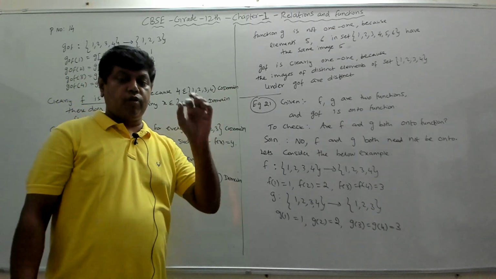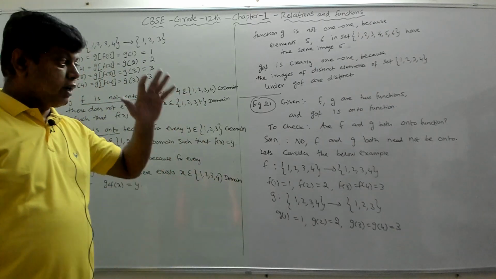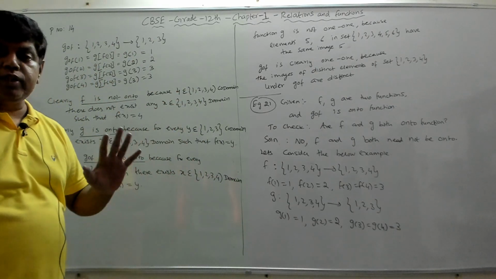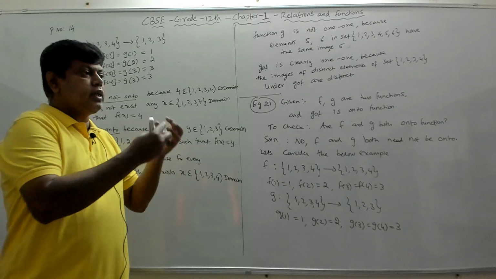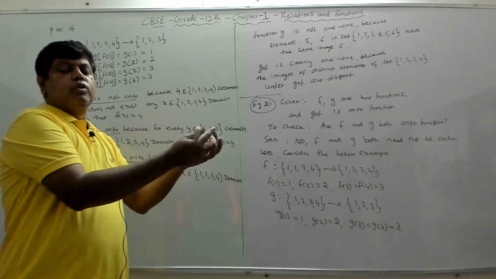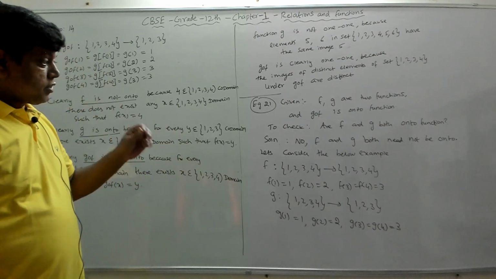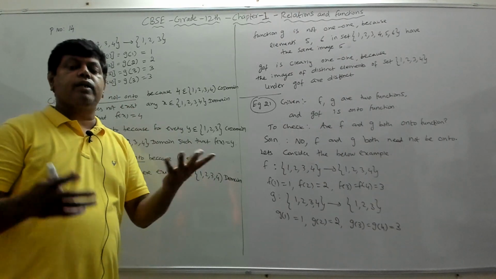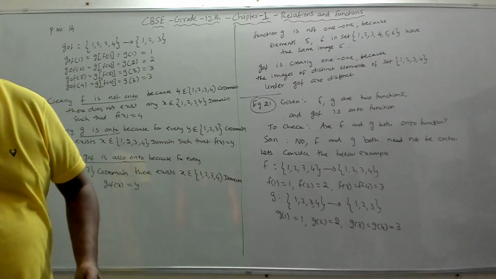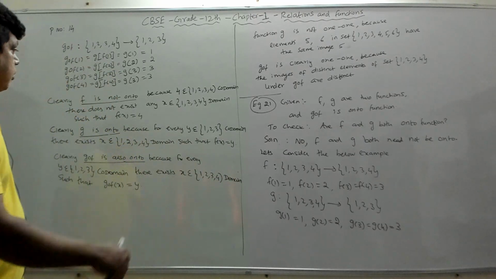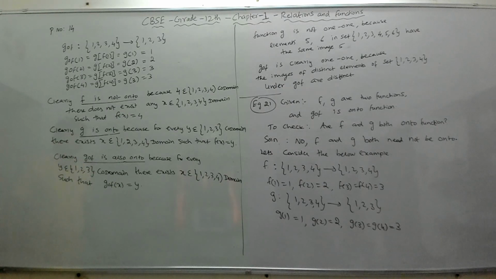No. If anything is true, then you have to write the complete generic proof. We can't take one example and say it will satisfy for everything. But if it is not satisfying for even one thing, then we can say that it is not true. So all of you can pause the video and take the notes.